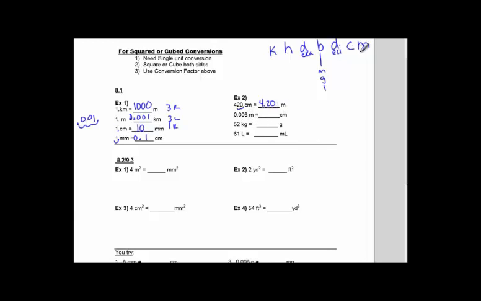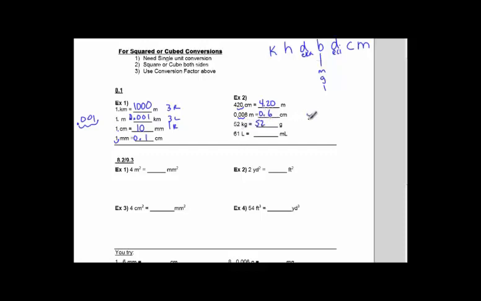0.006 meters, going from meters to centimeters, I want to move to the right 2. So if I move the decimal to the right 2, I'd have 0.6 centimeters. 52 kilograms, to get to the base unit grams, move to the right 3.